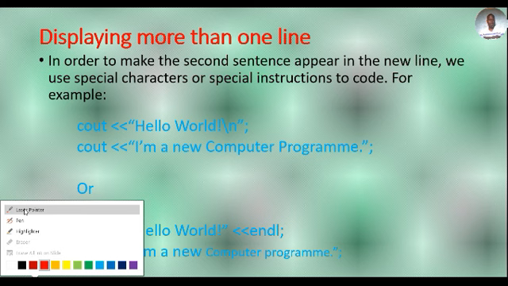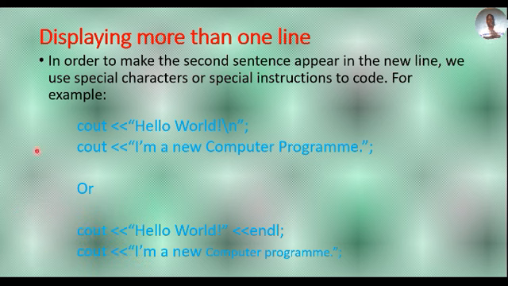We have here the title, displaying more than one line. Here we'll be showing more than one line in the output. In order to make the second line appear in the next line, there is a keyword we use, that is the backslash followed by n.